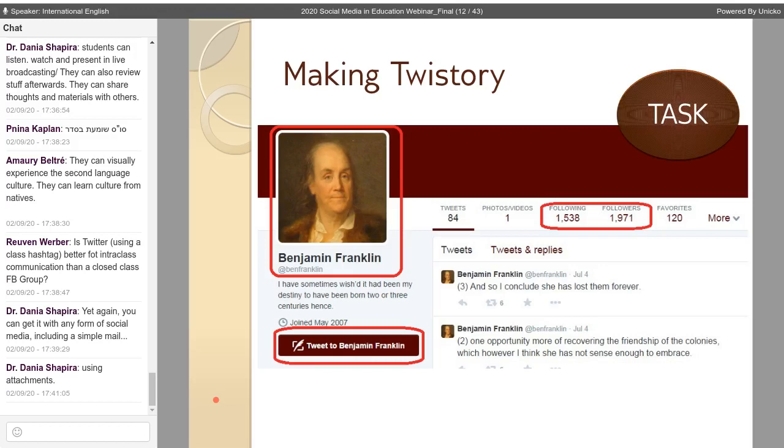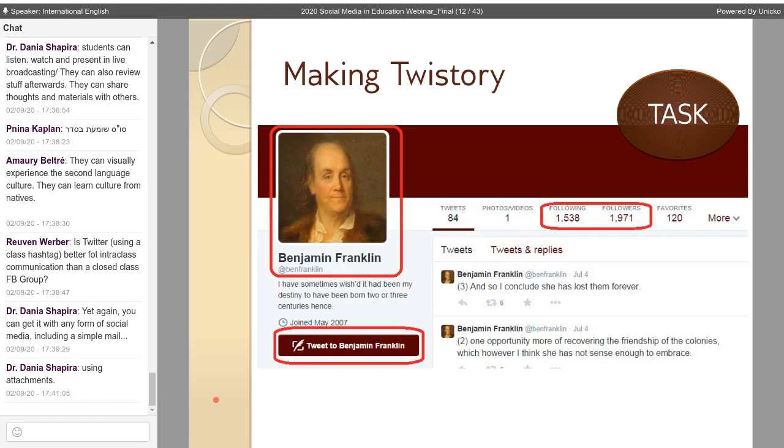Now, how would you modify this activity to make it relevant to your students? So if you're an art teacher or a music teacher or a science teacher or a language teacher, an English teacher, how would you modify this activity? Or who would you ask your students to contact, or to send their questions to, if you're not a teacher of history?